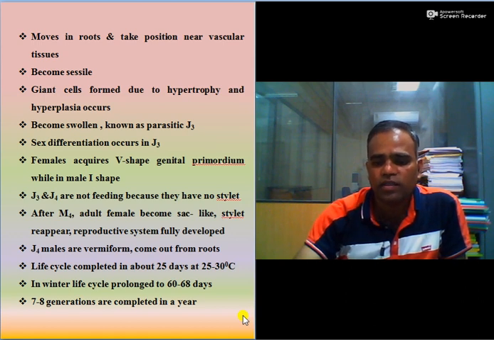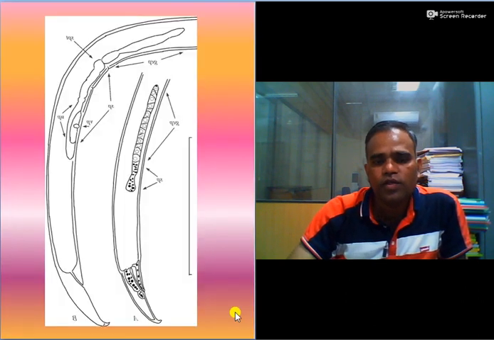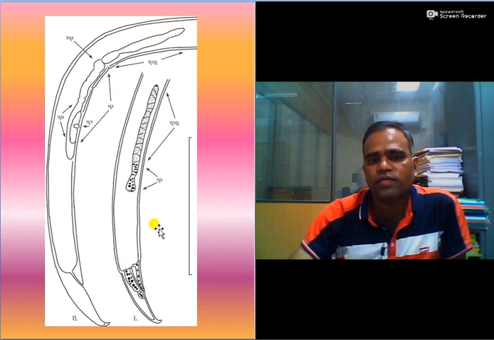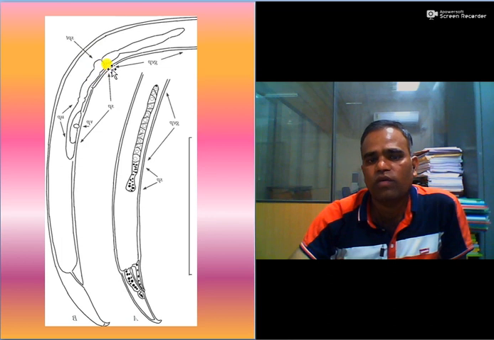So let us explain. This is the female and this is the male. You can see here this is the ovary, spermatheca, uterus, vulva.